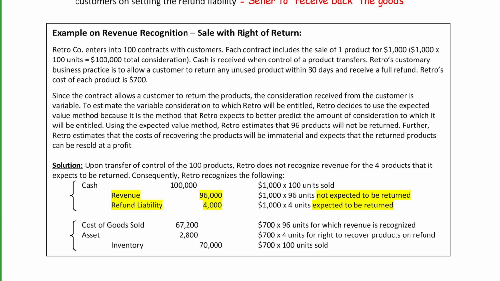Retro also recognizes an asset for $2,800. So that's $700 times 4 units, the cost of the 4 units which Retro expects to be returned by the customer. So that's the right to recover products on refund.